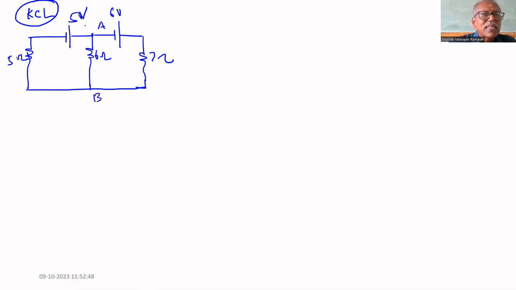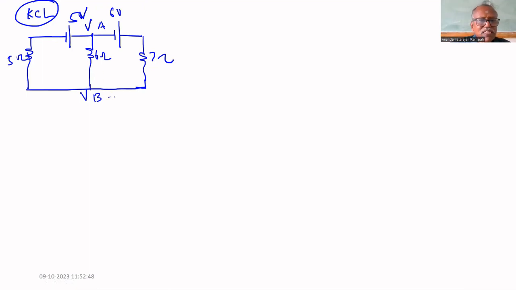So let us call the unknown voltage at A as VA, and the unknown voltage at B as VB. We can take any one of these nodes as reference.